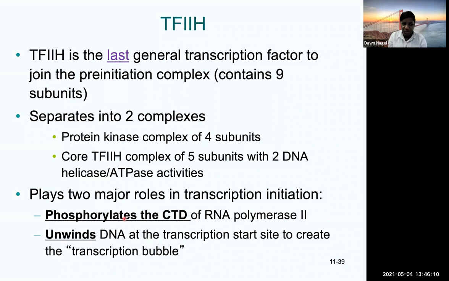The other function, which is absolutely important, is phosphorylation, and that's where the protein kinase complex comes in. RNA polymerase is usually in an unphosphorylated state. It needs to be phosphorylated in order to become functional. That's where TF2H becomes important, because it helps to phosphorylate the C-terminal domain of RNA polymerase 2 to really initiate transcription and elongation.